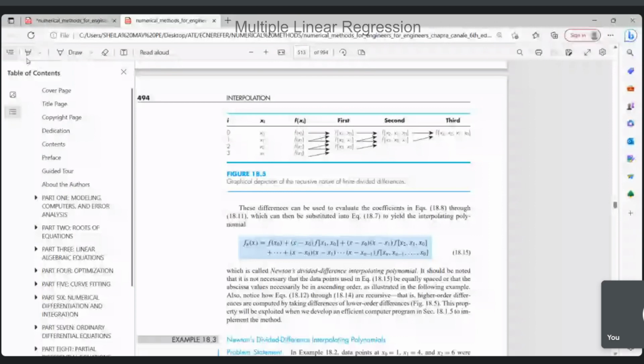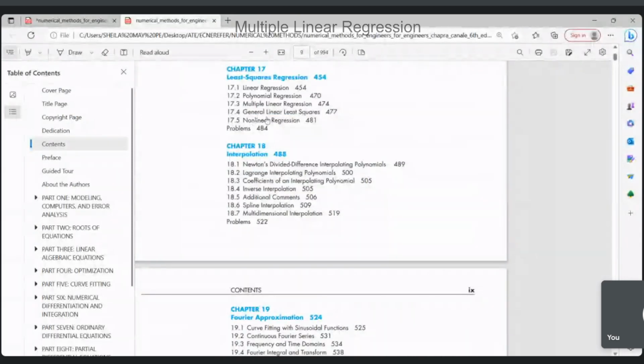Least square regression, interpolation, Fourier approximation. Ambot ug maabot bitag Fourier approximation. Now for the interpolation class, sa least square regression naman na matag linear polynomial o multiple linear. Wala na ni nako gi-apil si general linear least square o si non-linear regression.